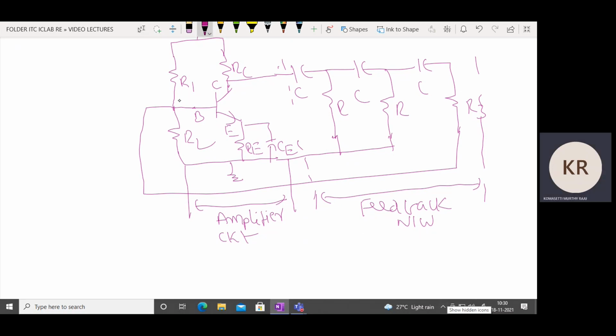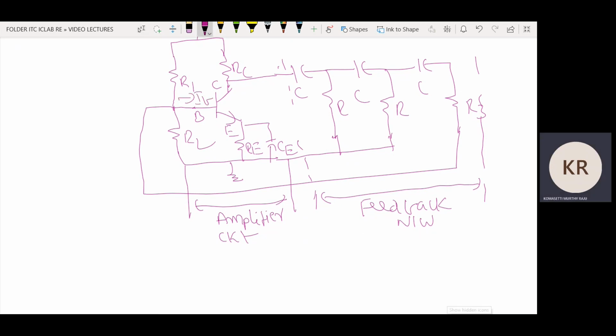Here the input current is IB, the output current is I3. Loop gain means including both the amplifier and the feedback network. Therefore, loop gain is equal to A beta, where A is called the amplifier gain and beta is called the feedback network factor.